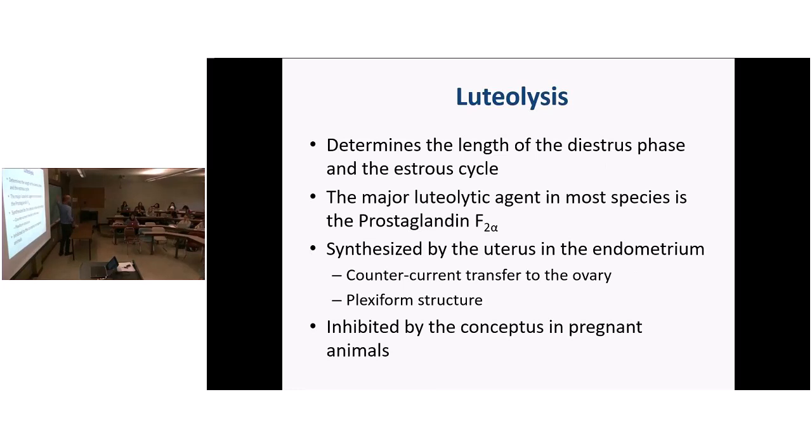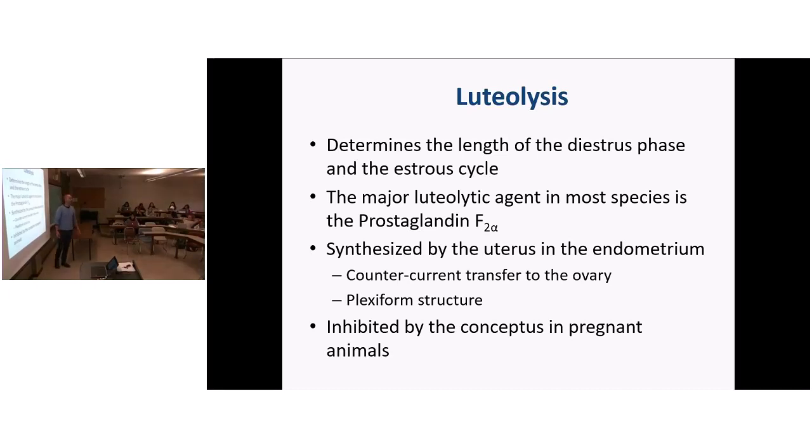Normally, if you're not pregnant, or if there is a very underdeveloped embryo, this is what happens: your prostaglandin will be released. With the prostaglandin being released, progesterone goes down, the follicle continues, ovulates, and there is a new cycle. So you continue the cycling. In the case of pregnancy, the baby will try to block this.